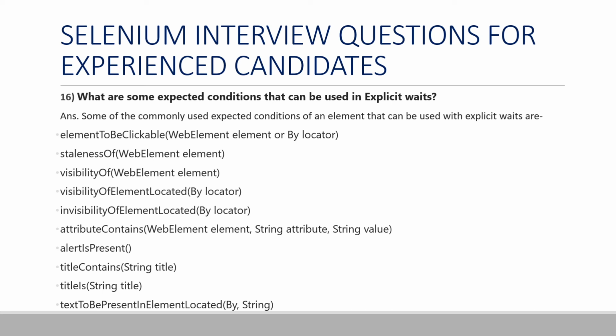So during that time you can mention these different expected conditions: element to be clickable, staleness of web element, visibility of web element, attribute contains, alert is present, title contains, text to be present. These are some expected conditions present inside explicit wait.